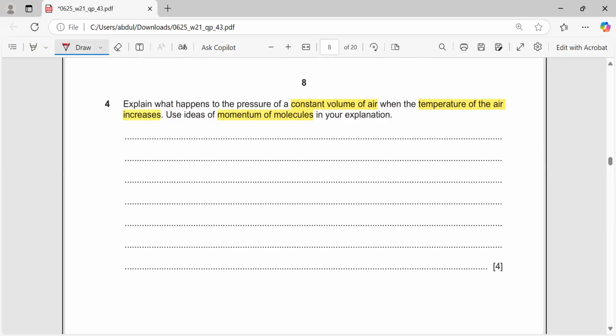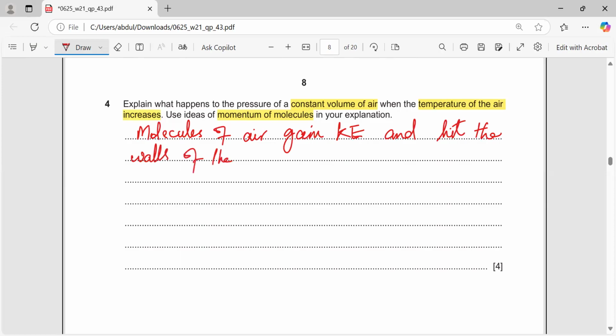So you can say molecules of air gain kinetic energy and hit the walls of the container. Now I'm using a shortcut for molecules, MOL.